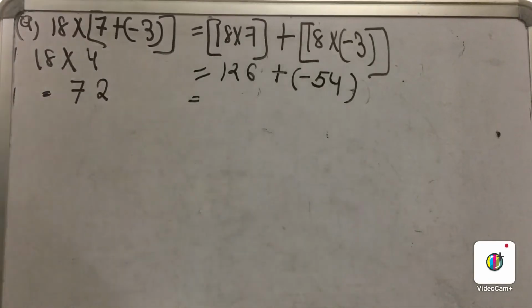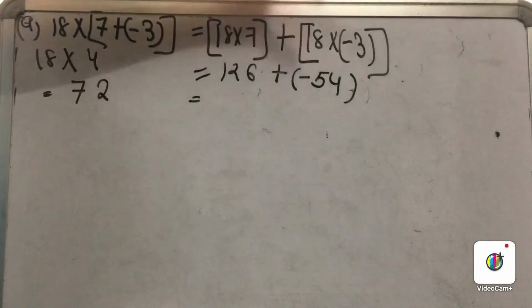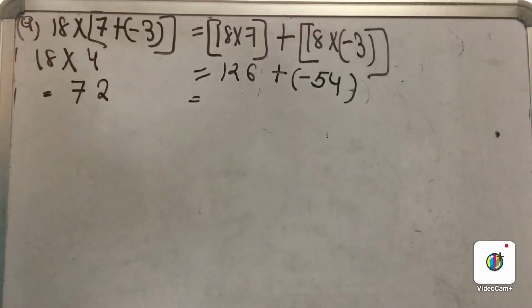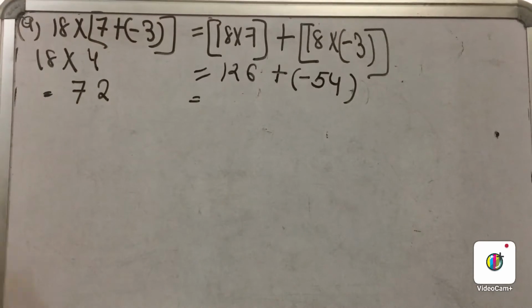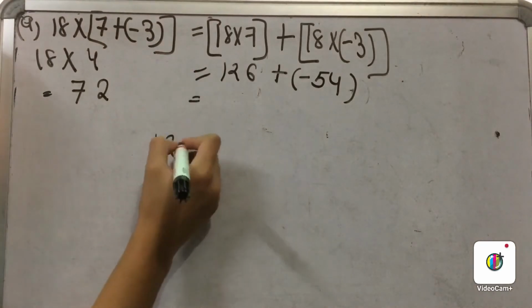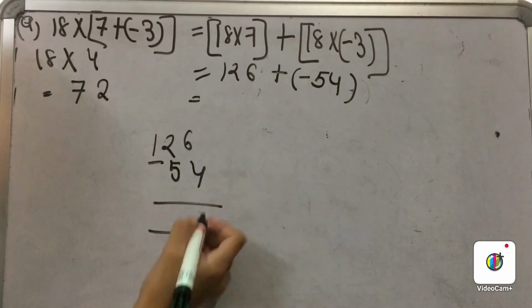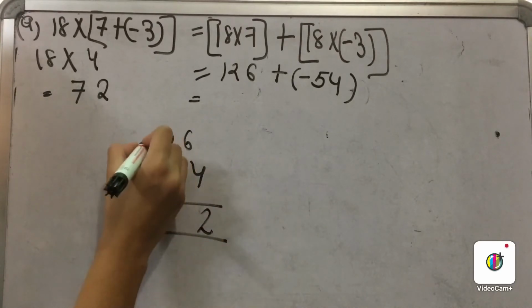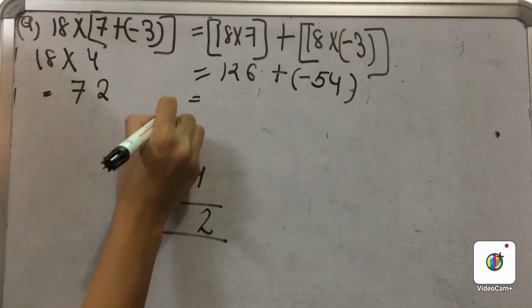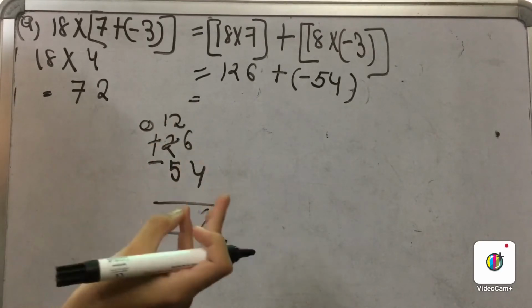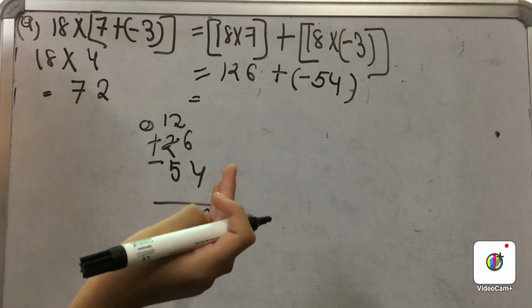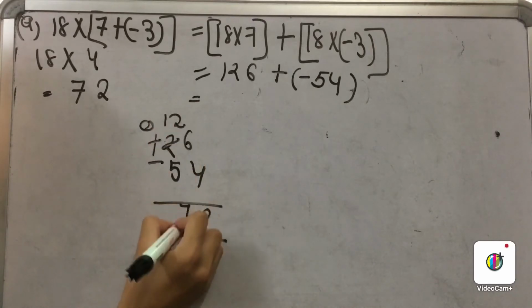So now what is 126 plus minus minus 54? So let us subtract 54 from 126. 6 minus 4, this will be 2, and 2 minus 5, carry here, 5, 6, 7, 8, 9, 10, 11, 12. This will be 7.